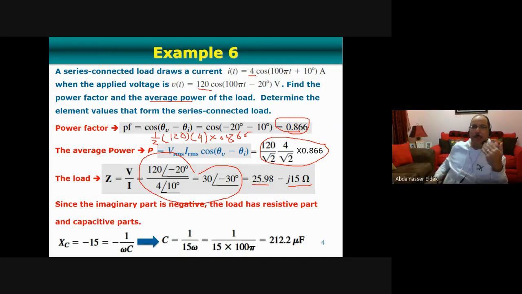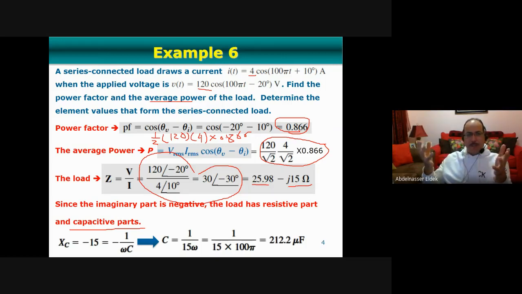Negative 15 indicates that this is a capacitive load, because the impedance of a capacitance is 1 over j omega C, and 1 over j is negative j. If it is inductive, it would be j omega L, and j is positive. Since the imaginary part is negative, it is a capacitive part.